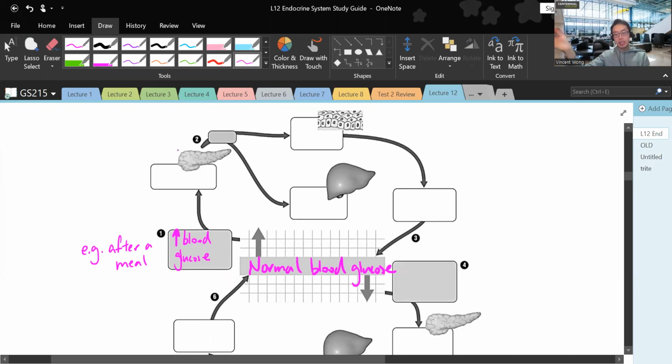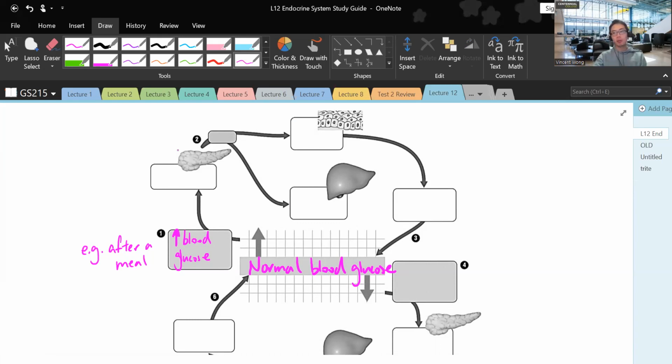At that time, we mostly talk about the digestive function of the pancreas, where it secretes, you know, sodium bicarbonate for neutralizing the acid. It secretes pancreatic juices, which contains the enzymes. But in addition to those digestive functions, the pancreas, it's also an endocrine gland.